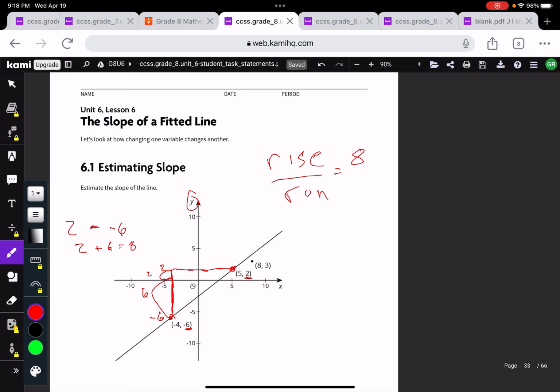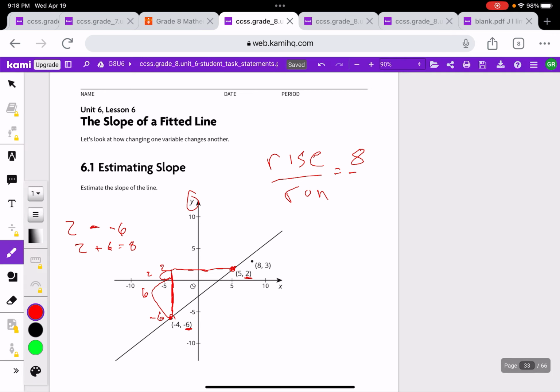I took that 2 and subtracted that -6. So the rise is 8. The run, on the other hand, is going from a -4 all the way over to a 5. So again, if I subtract, going from a -4 to 0 is going over 4, plus another 5.